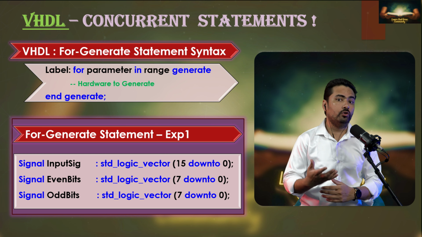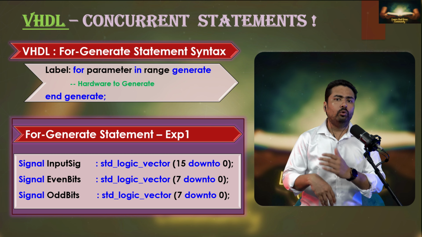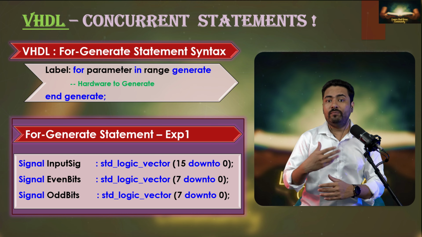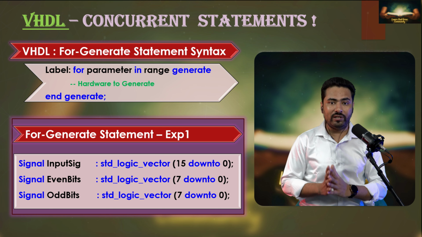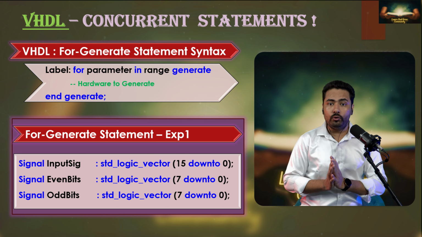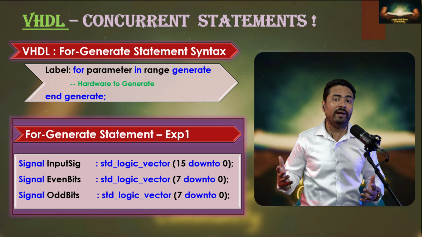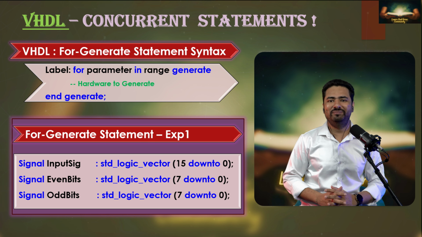But this is not a good solution, and your code may look complex and it would be time consuming as well. So instead, you can use for generate statement, and that will allow you to instantiate all 20 components with just a few lines of code.